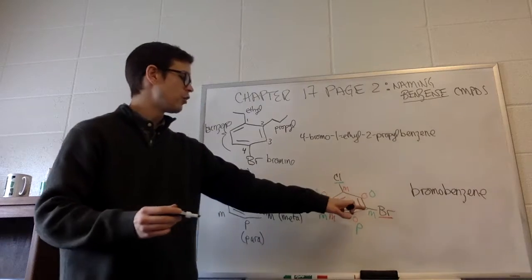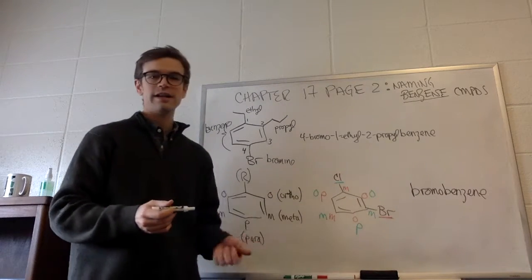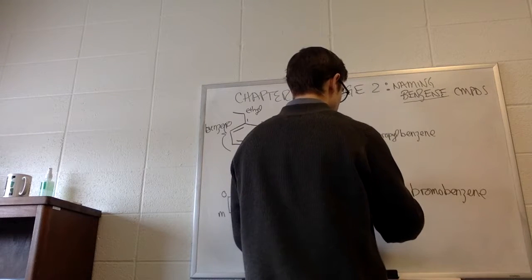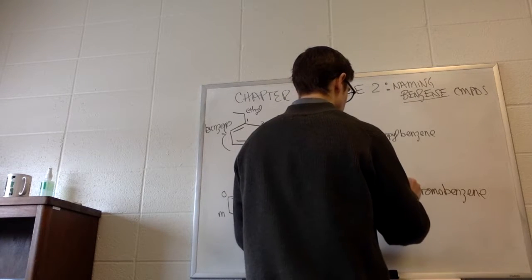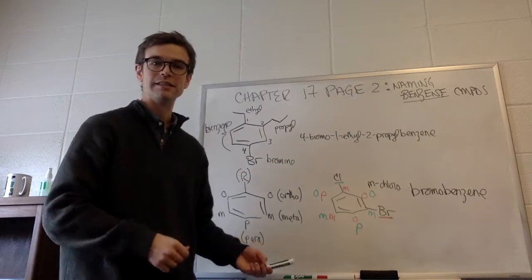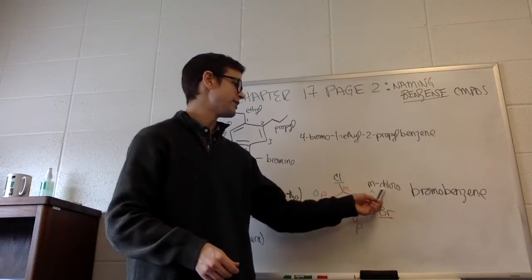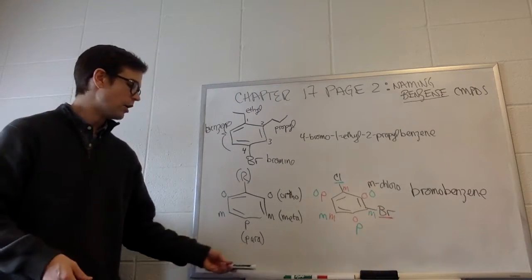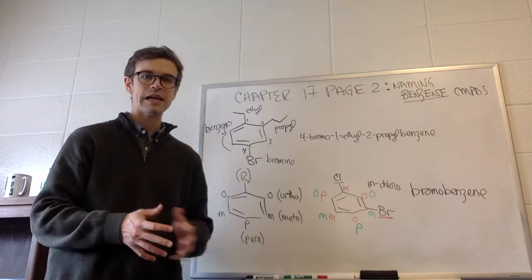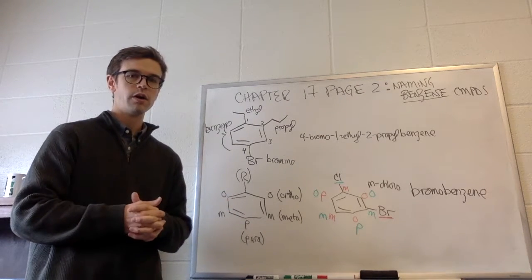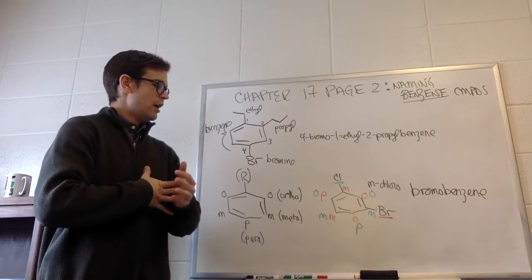And this chlorine, with regards to the bromo, is in the meta position. So this is going to be called meta-chlorobromobenzene. That tells us the chlorine's in the meta position, and the bromo is always in position 1. So that is how we would use this para, meta, ortho naming system.